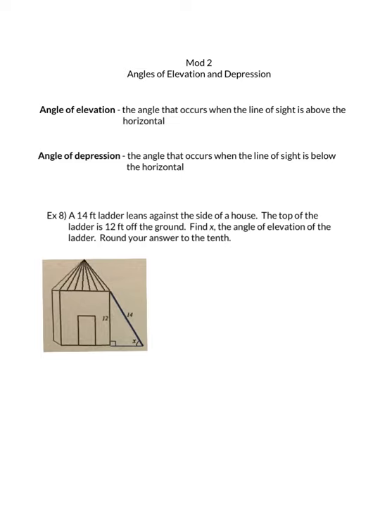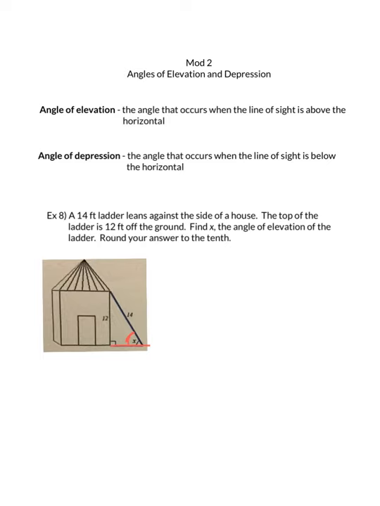The first thing I want you to see is here's angle x, and notice that when they're talking about the angle of elevation, here's the horizontal, and it's the angle from the horizontal. It's always important to remember that both angle of elevation and depression are from the horizontal.